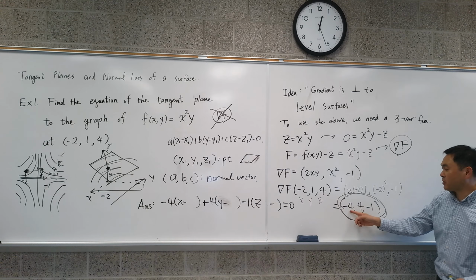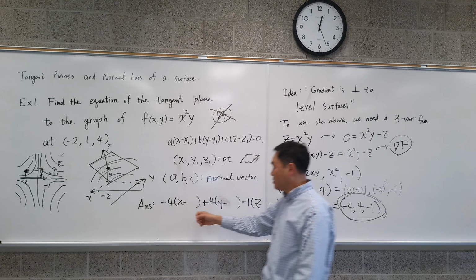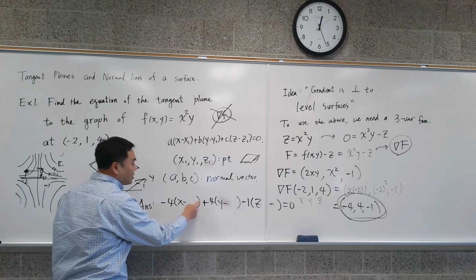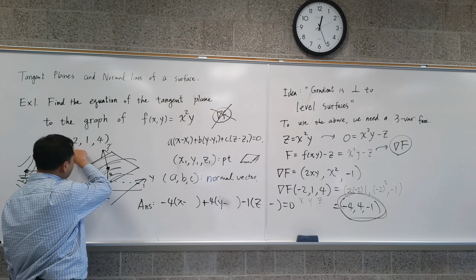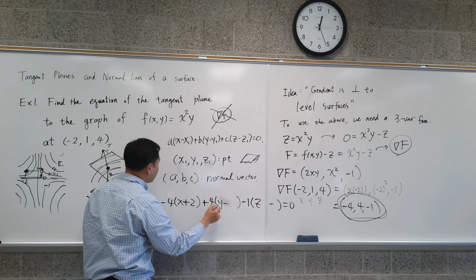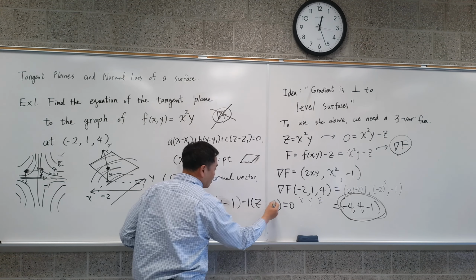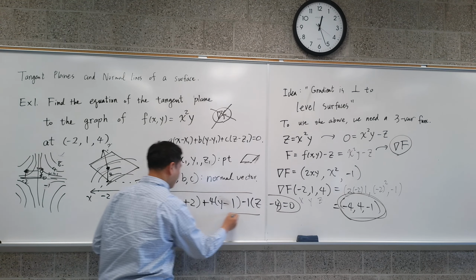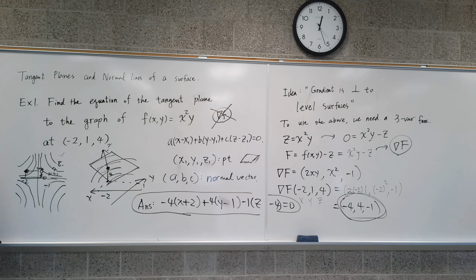So I just took these vectors and placed them as the coefficients. That's where the normal vector goes in. For these, you have to use this one, right? -2, 1, and 4. So minus -2 is +2, -1, -4. So that's going to be your answer. Any questions?